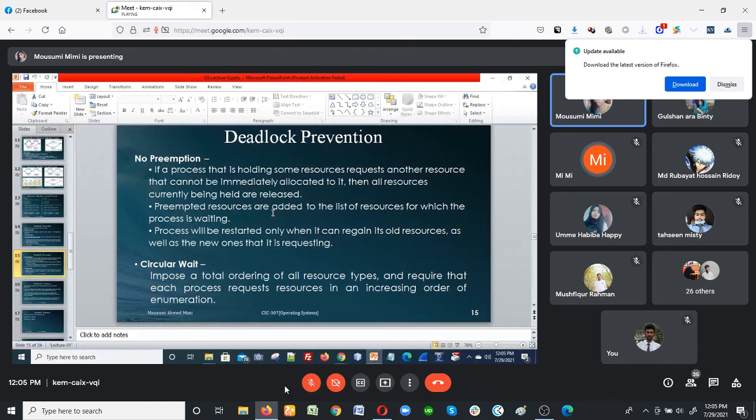The other processes will be in the waiting state, and when the priority-based process completes its execution, it moves on to the next process.